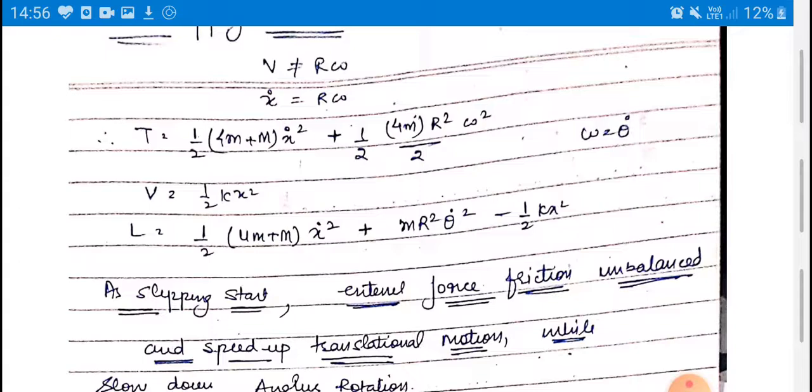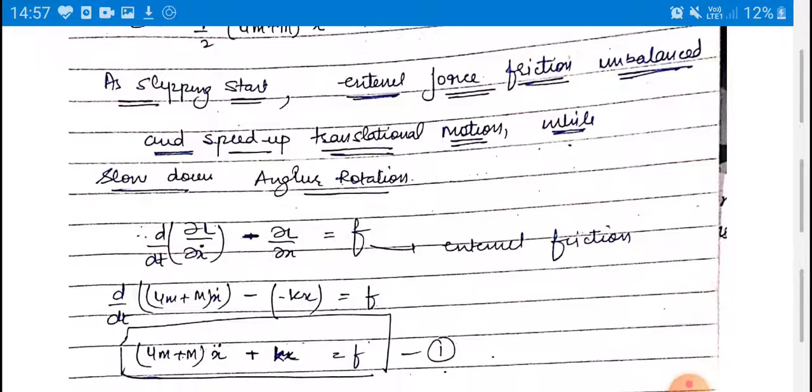As slipping starts, we all know that when a crate is rolling and slipping starts, its angular speed decreases to zero, while its translational speed increases. This means the Lagrangian equation for x will now be equated to a generalized force, and the Lagrangian equation with respect to the angular displacement will be equated to a generalized torque.